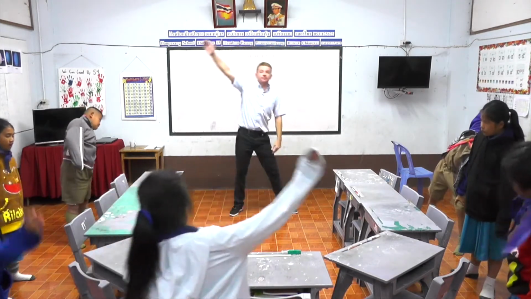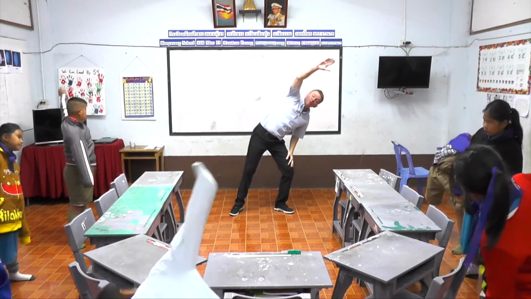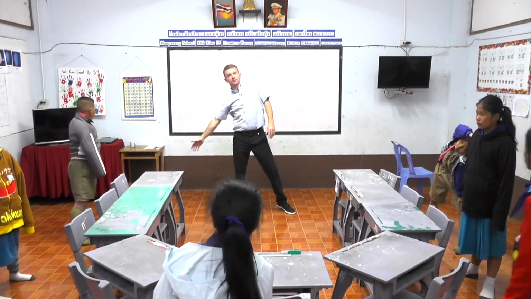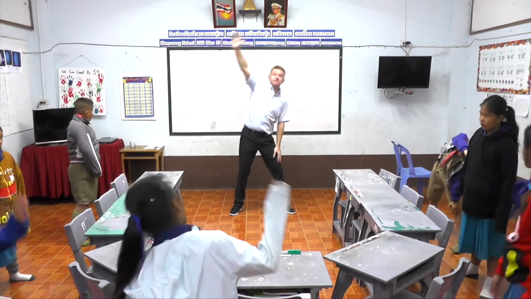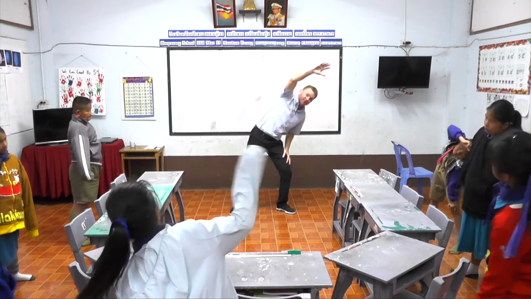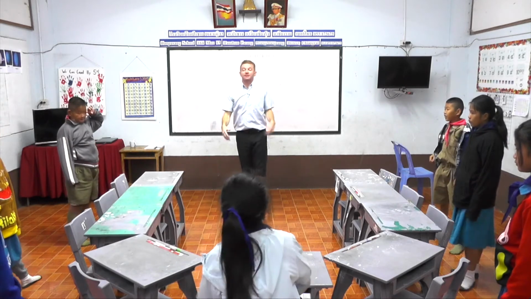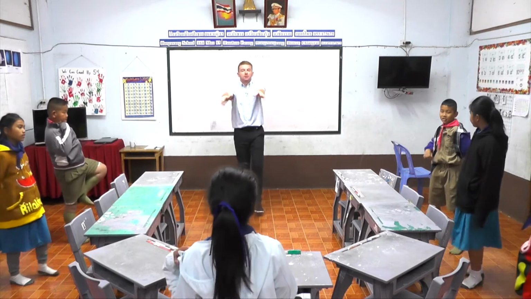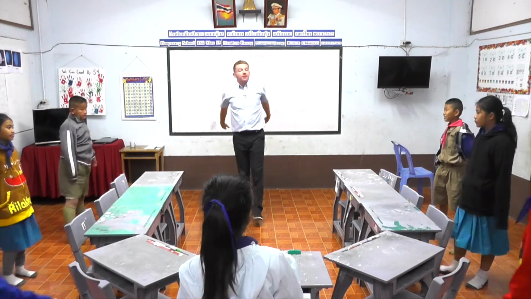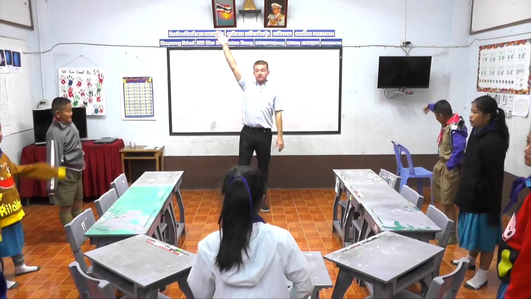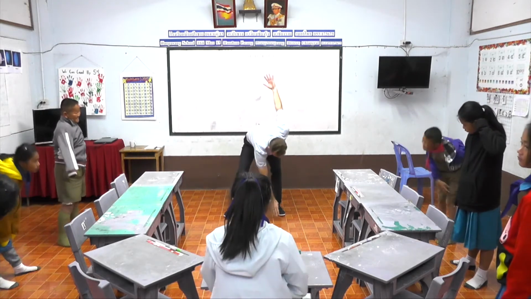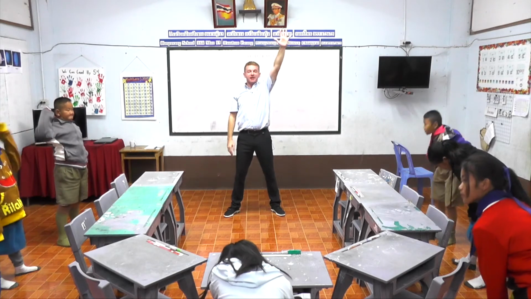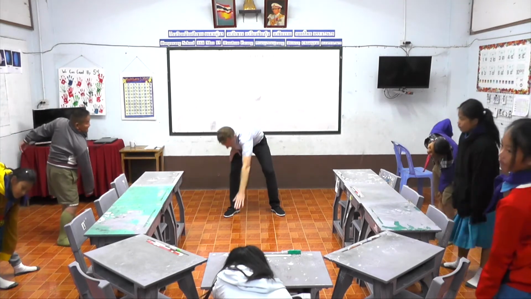1, 2, 3, 4, 5. Excellent, guys. Shake it out. Arms and legs, shake it out. And then we can take our right hand and find our left foot. Left hand, right foot.